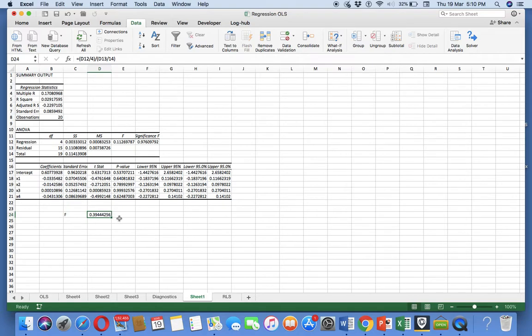This is the calculated F. We should compare it with the table F with the 2 degrees of freedom. So you can say equal to FINV, open a bracket.